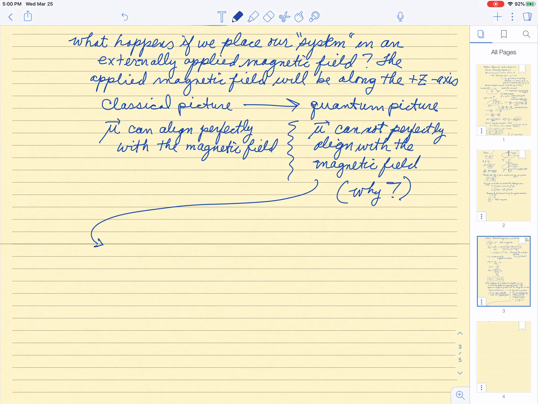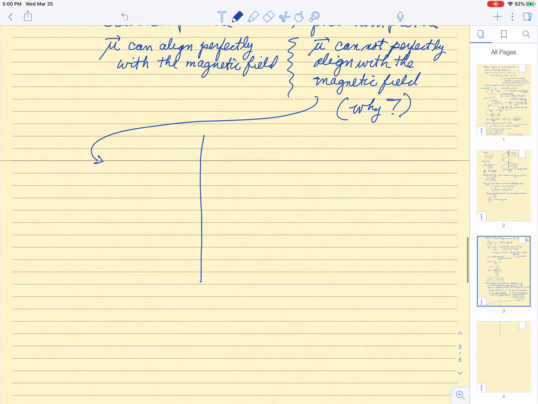Well, let's get this picture right. So here's mu. Since we're talking about the electron, we know that mu and L are anti-parallel. So there's mu, there's L. Again, you should have this picture in your notes.